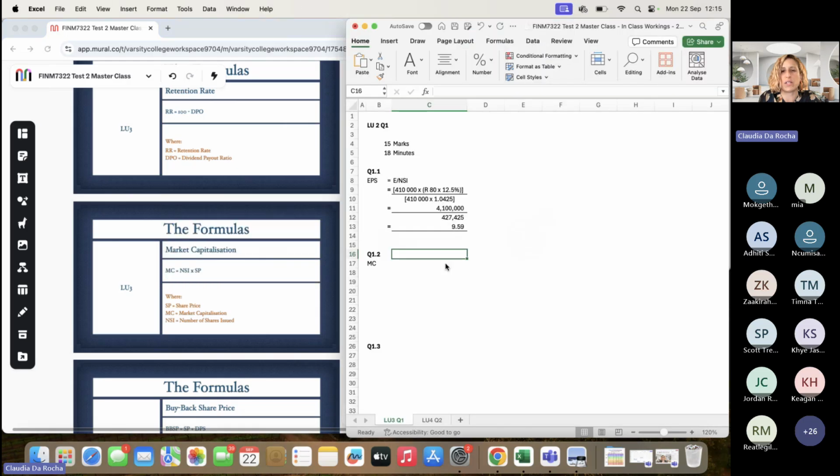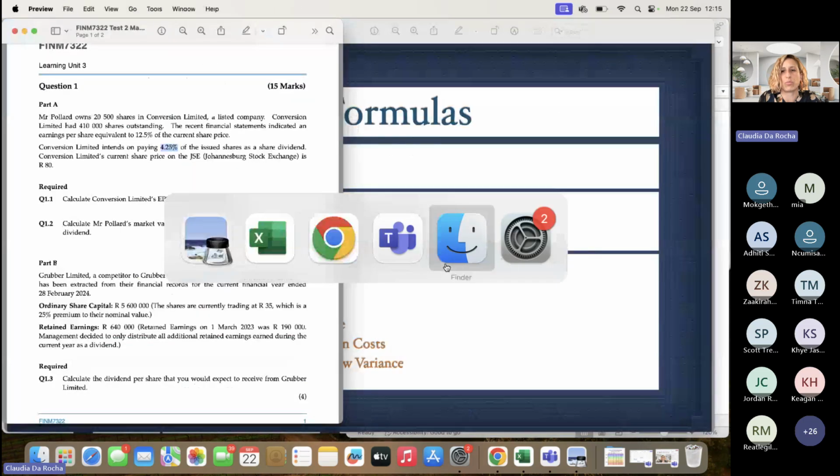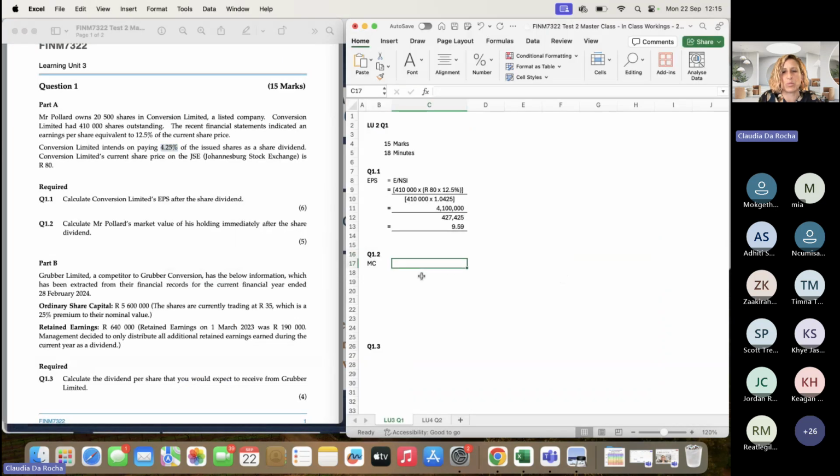So we're going to write down what we know, and what we know is that formula. Whenever you're tackling these questions, that's what we do. Okay, so the market capitalization is equal to the number of shares issued times your share price. Okay, straight from the formula that I went through with you.